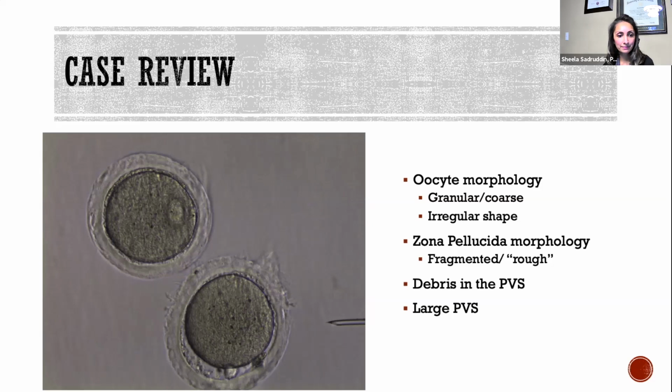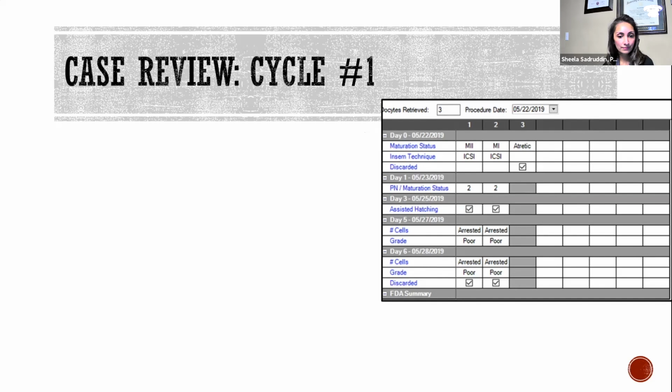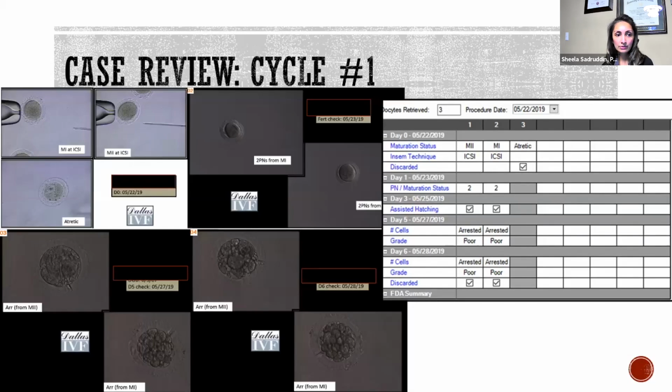Let's go to the next slide. Here is a snapshot of her first cycle. Despite the normal ganirelix antagonist cycle, we saw that she recruited only 3 oocytes. On the top left-hand side, you see that same morphology, the coarseness and graininess.